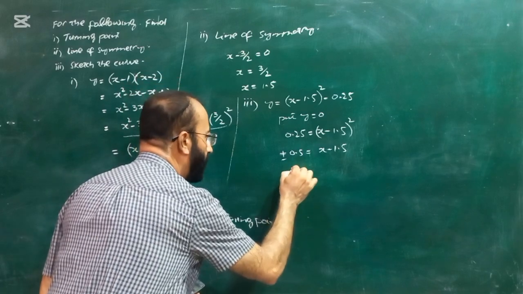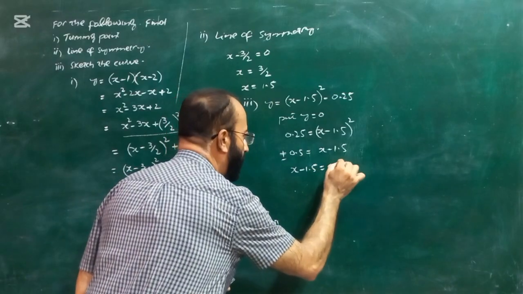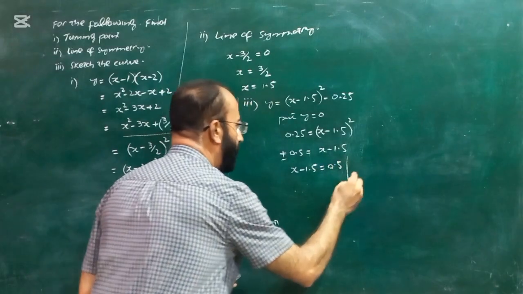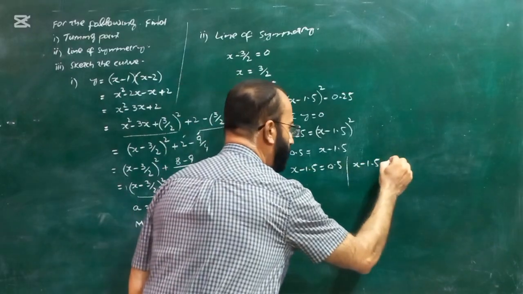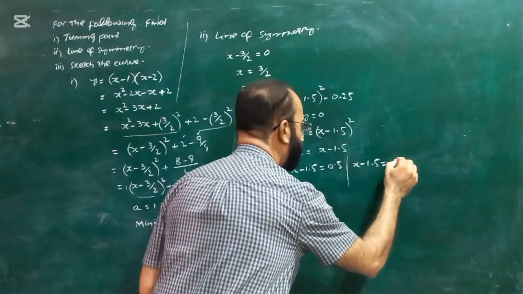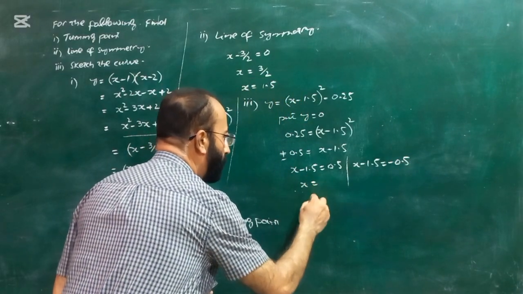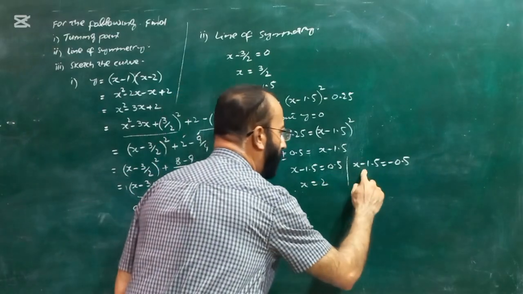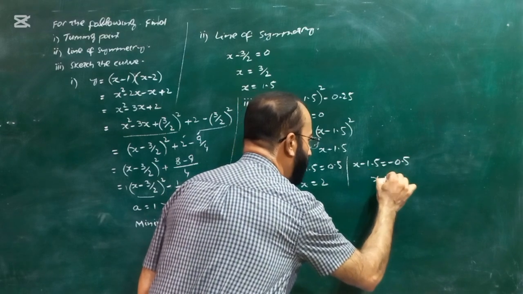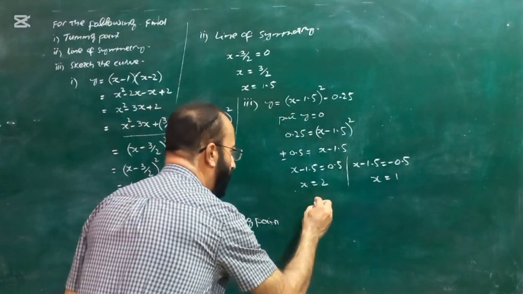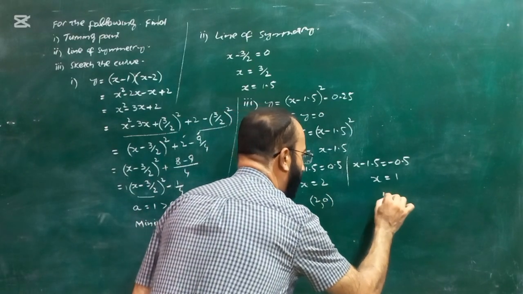So from here, x minus 1.5 will be equal to one time the positive value, and second time the negative value. And from here, 1.5 will go to the right side, so it will become 2. And from here, it will go to the right side, it will become positive, so x will be equal to 1. And from here, the points will be 2, 0 and 1, 0.